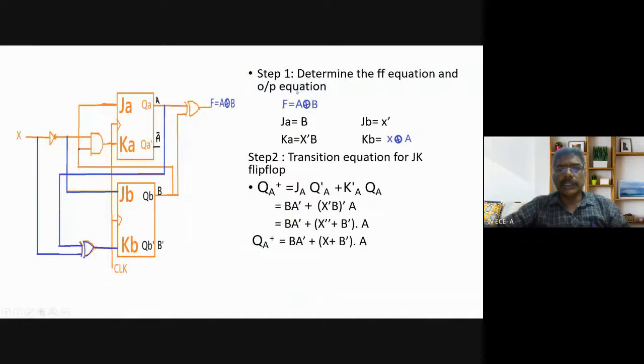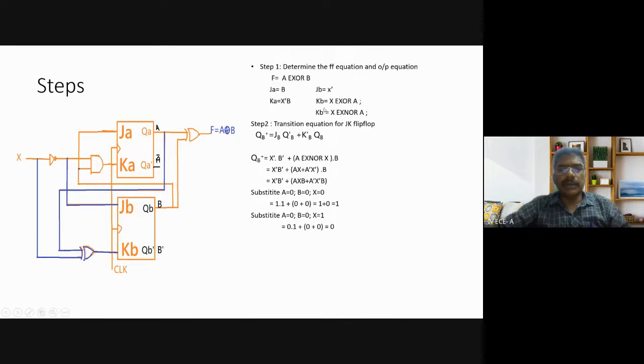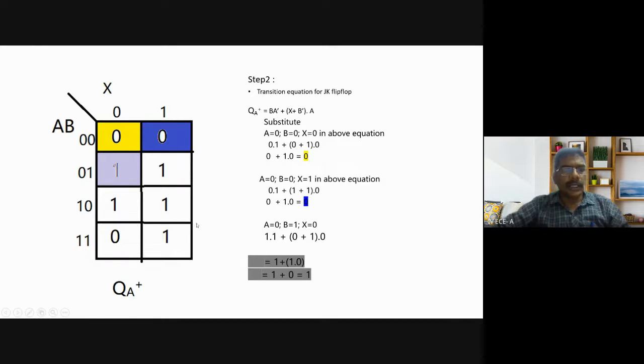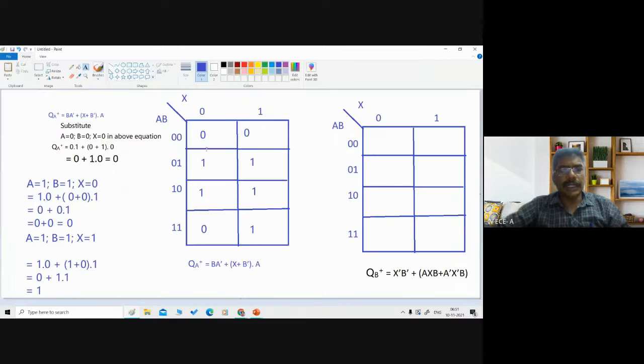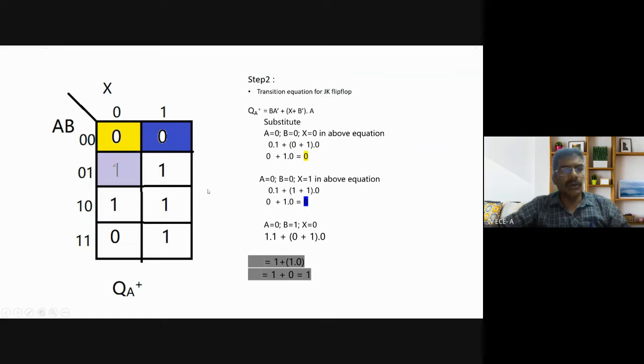This is the first step, and in the second step we obtain the expressions, we substitute the values, and finally we get this answer: 0 0 1 1 1 1 and 0 1. This is the value of qa plus. qa plus means next state.